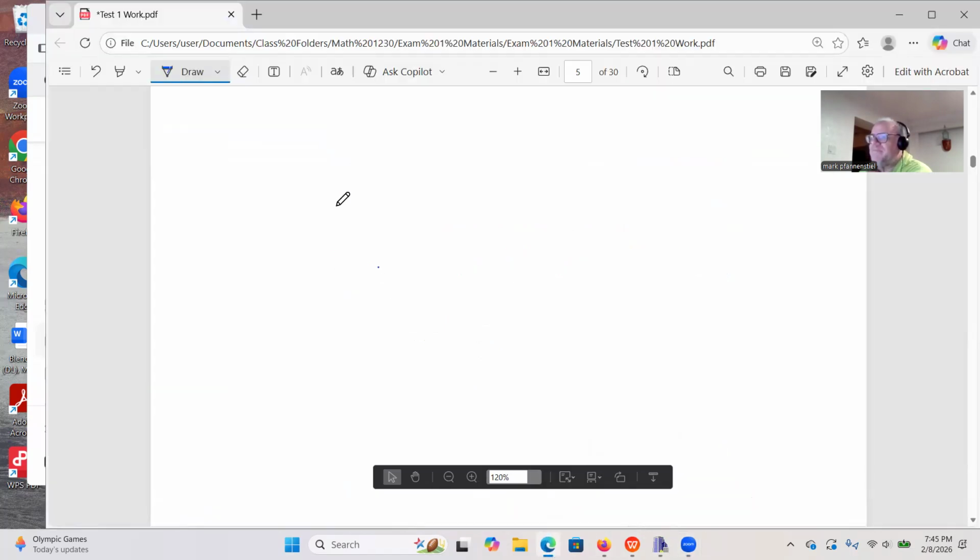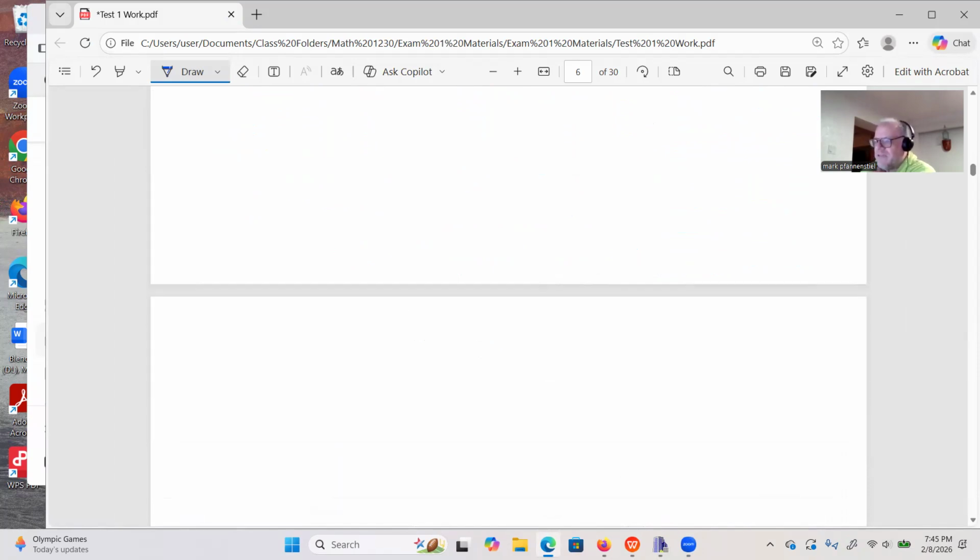So we have to know that sector area is the area of a portion of a circle. If I remember, the area of a circle is pi r squared. What's the pi coming from?